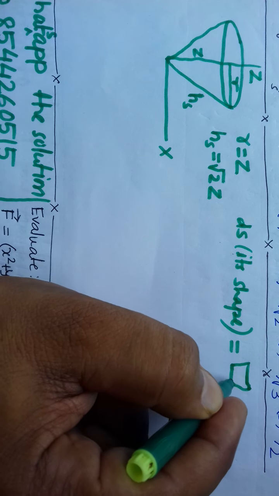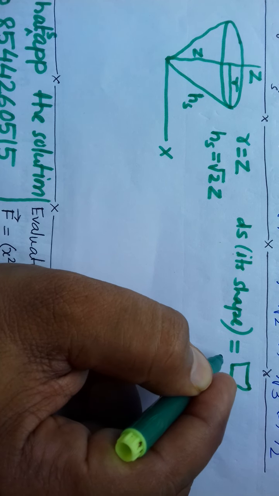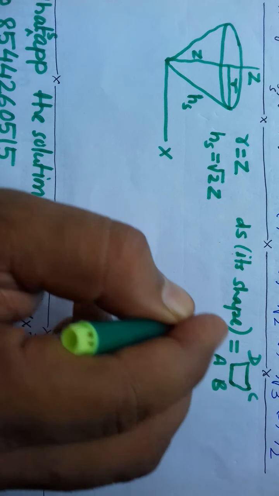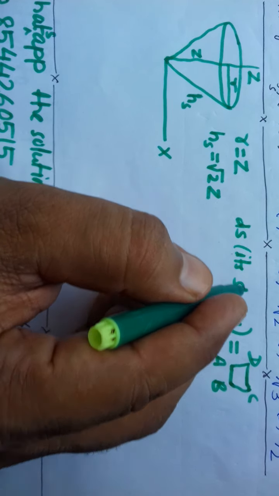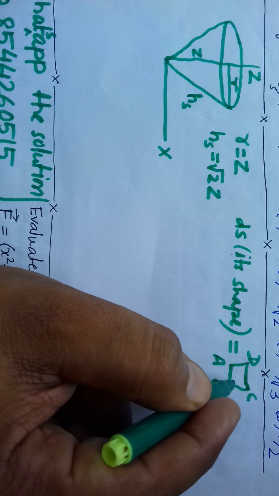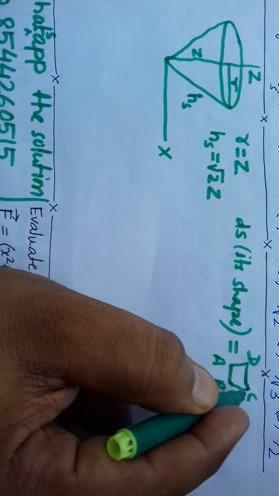These two are curved lines, and suppose this is ABCD, then for the elementary area AB will be almost equal to CD, and AD will be equal to BC.